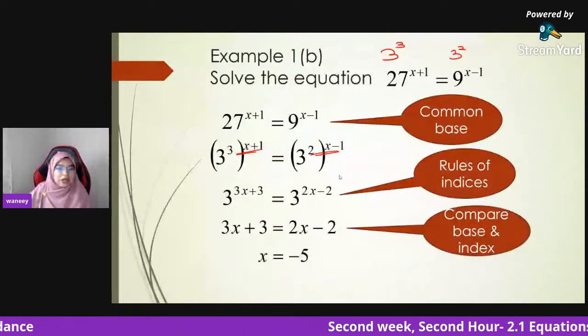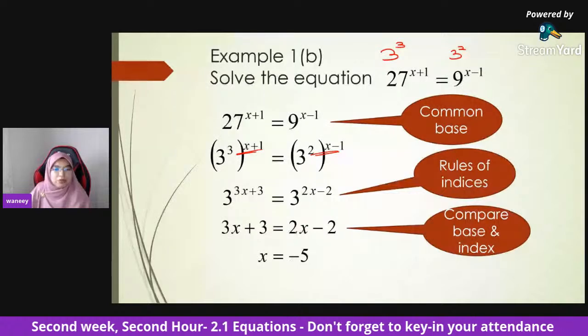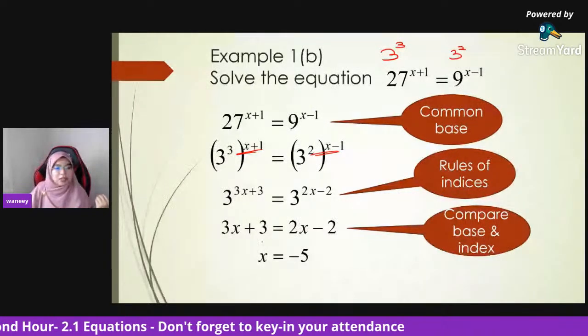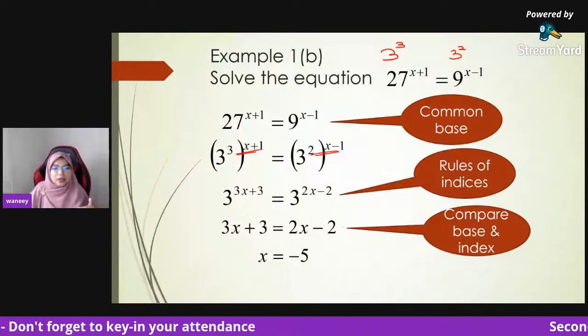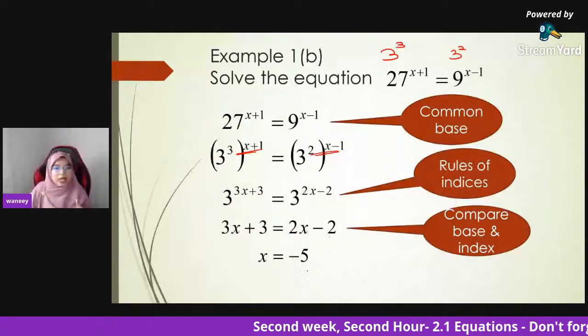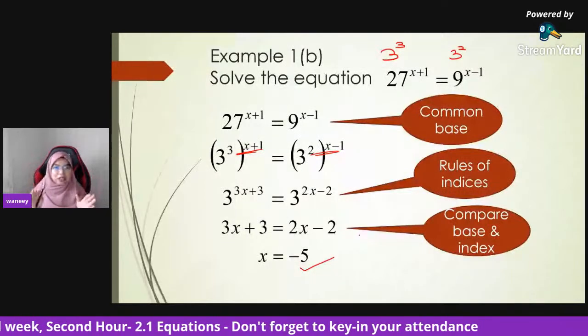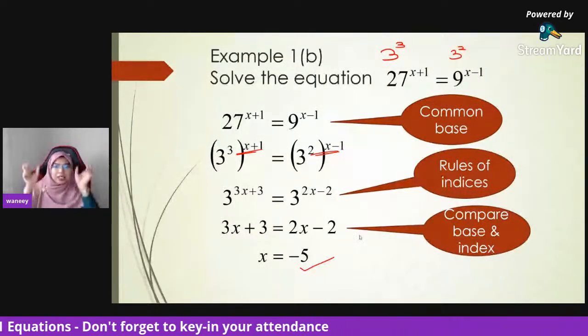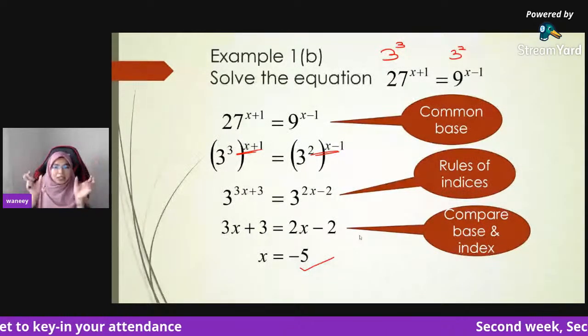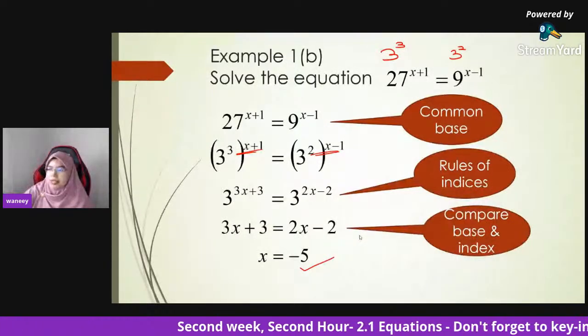What you have is x equal to negative 5. We bring 2x to the left hand side, so it becomes 3x minus 2x. And over here, it becomes negative 2, negative 3. So that is how you get negative 5. So if we can easily change everything into a common base, then we can compare the index, let them be equal, and then easily solve to get the value of x.